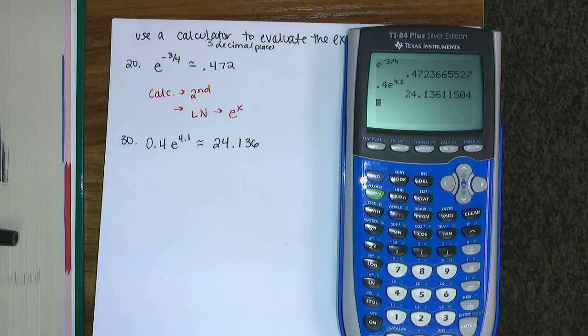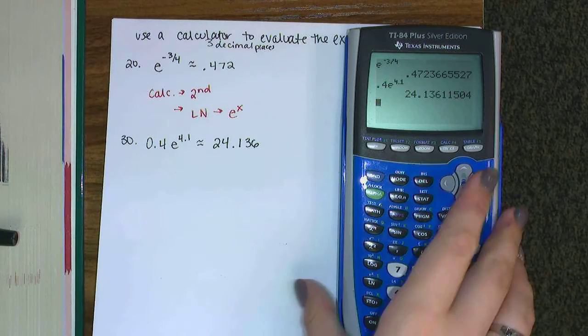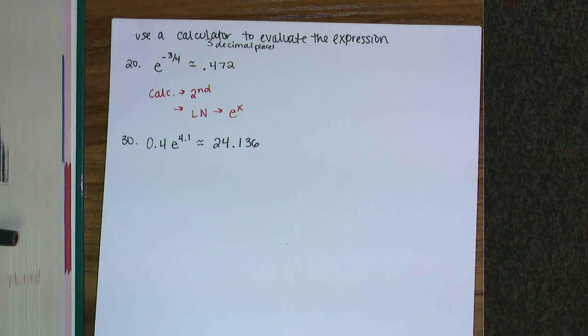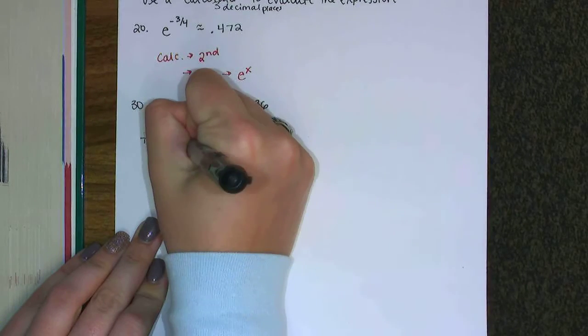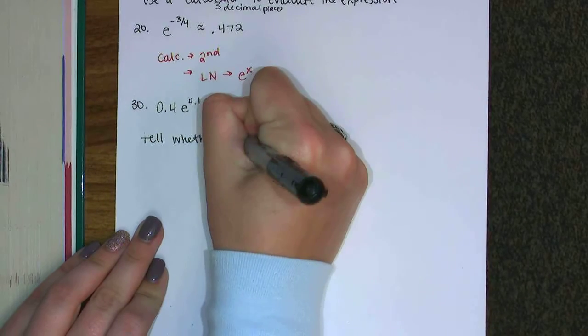Alright, and then the very last thing we're going to do here. Honestly, with those, once you calculate, I'm only going to assign you like 2 of those because as long as you can type in your calculator, you're good to go. So the very last thing says to tell whether the function is exponential growth or decay.